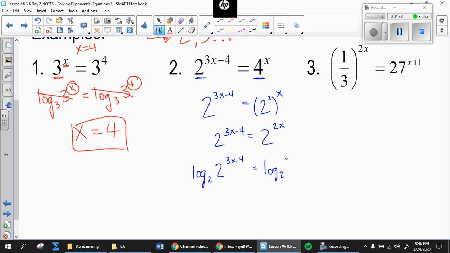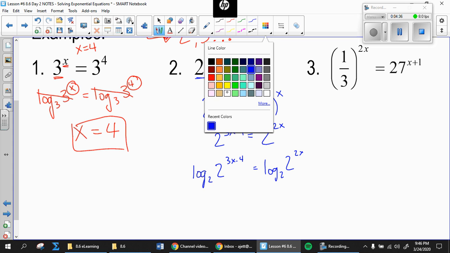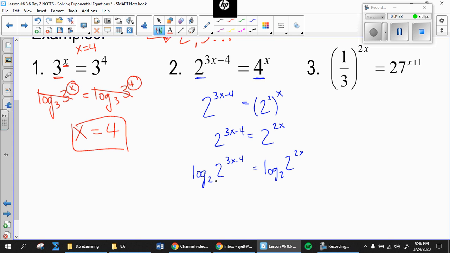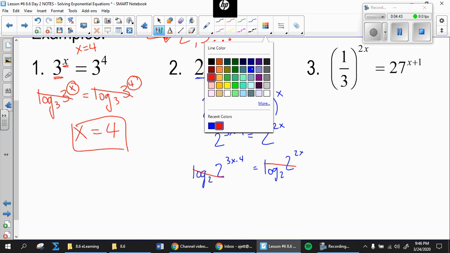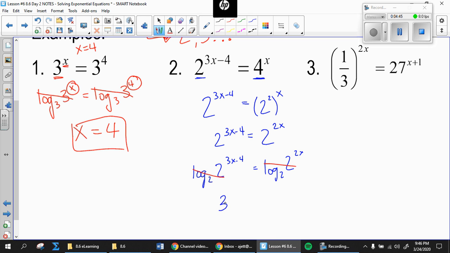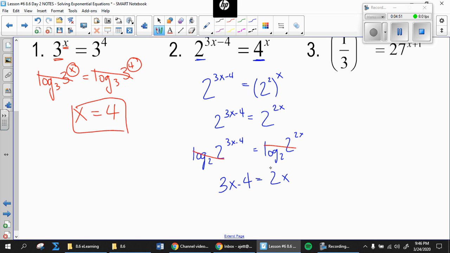And what's going to happen is these log base 2's are going to cancel out, and it's going to leave us with what we wanted, this simple linear equation.